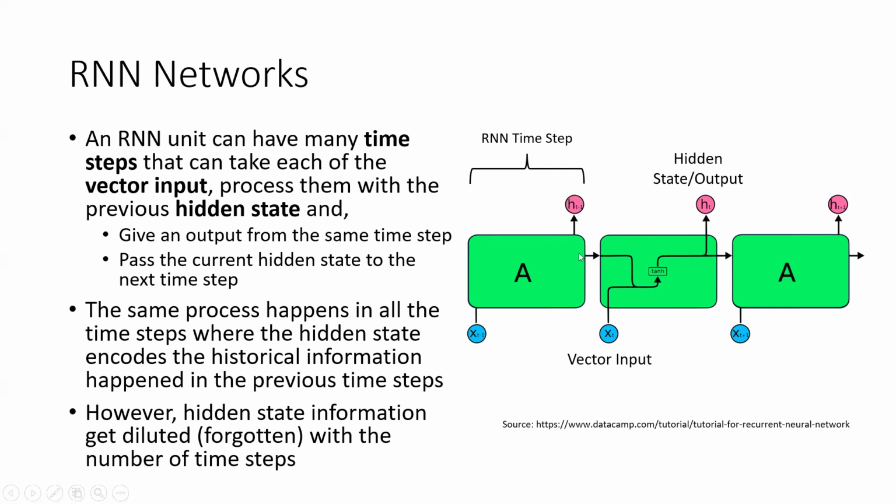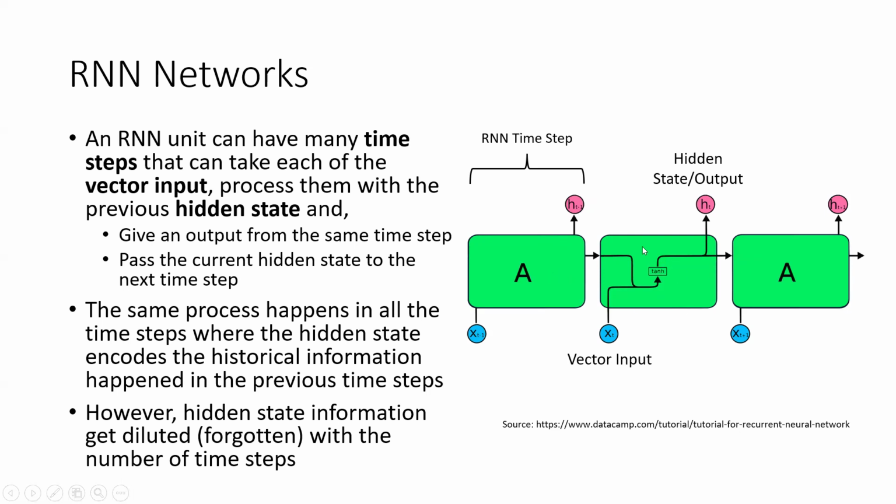So the problem is that when you are using a recurrent neural network with a large number of these kinds of units, some of the information that we have learned in the earlier part of the sequence will get wiped out or forgotten when the new information gets added into these hidden state vectors, right?